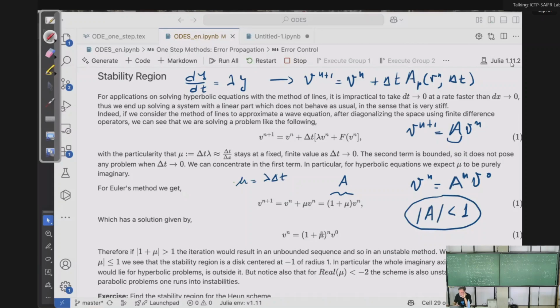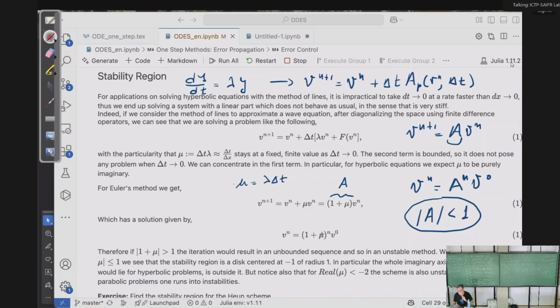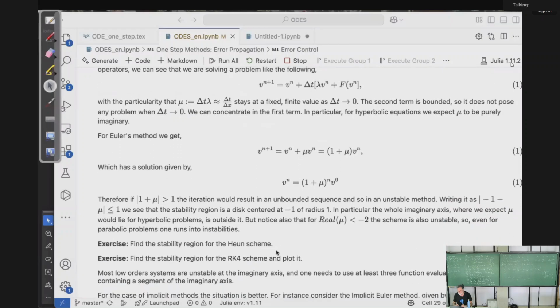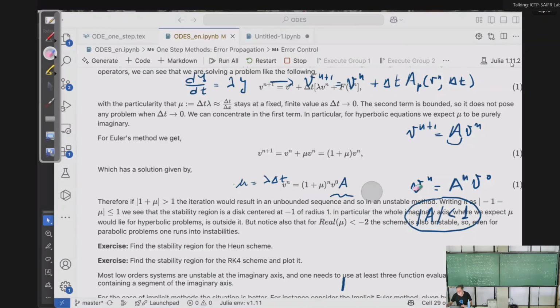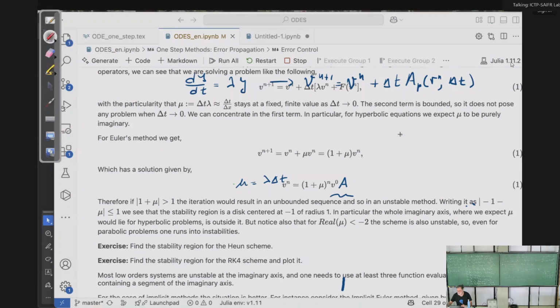So this is the amplification factor. So we have to look for the region where |1 + mu| is less than 1.